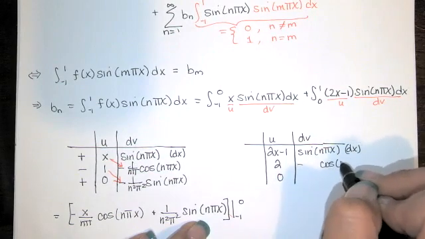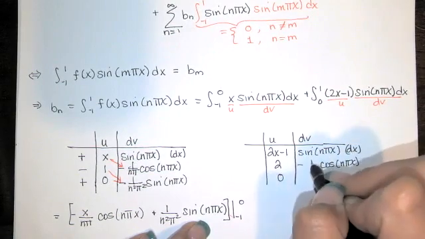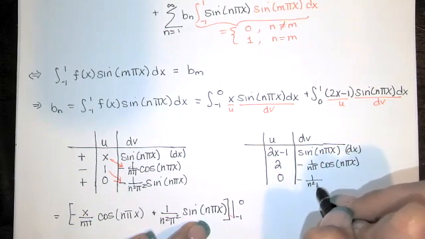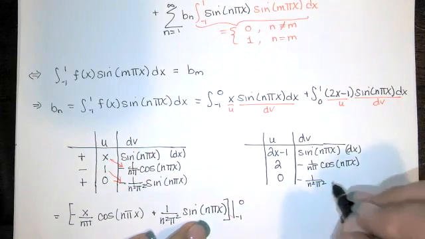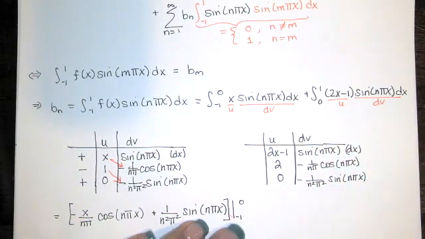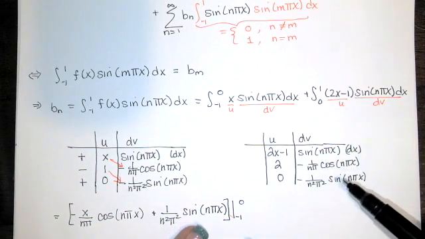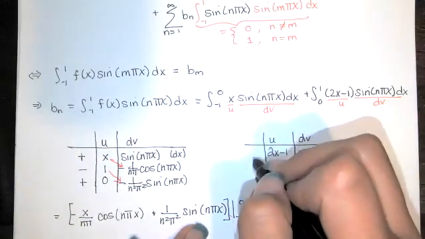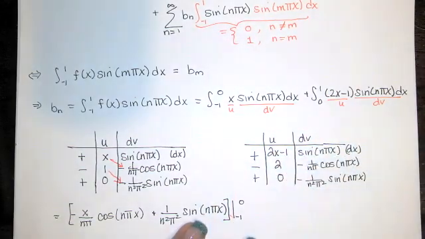Anti-differentiate. Anti-differentiate again. Every time you get an extra n pi in the denominator. Make sure you're checking your signs for those antiderivatives. You can always differentiate to check. Derivative of this is this, derivative of that is that. So we're good. We know we're on the right track.